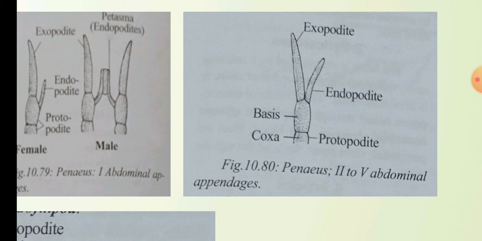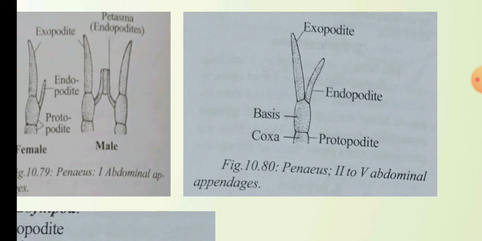They are biramous, and each appendage is formed of protopodite, exopodite and endopodite. The protopodite is formed of coxa and basis. The exopodite and the endopodite are finger-like, and the exopodite is larger than the endopodite.